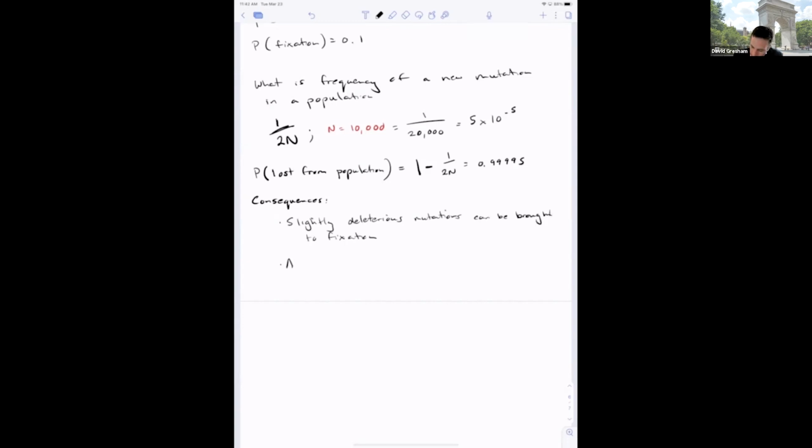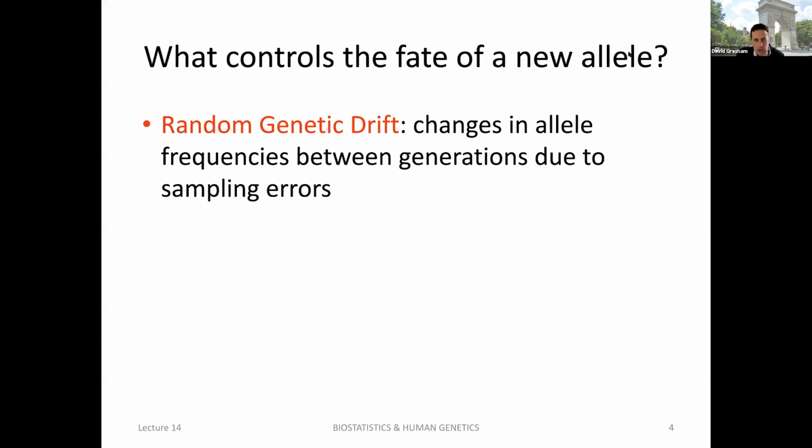And similarly, advantageous alleles, so if a new mutation introduced into the population was beneficial, can also be lost through drift. So this is one of the key factors that controls allele frequencies across time, this process of random genetic drift.